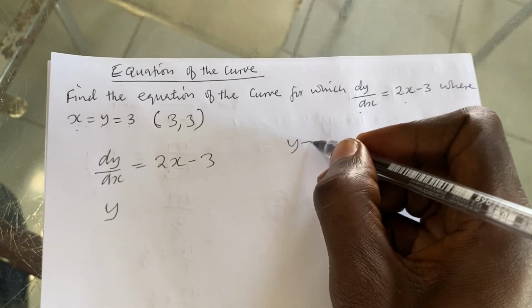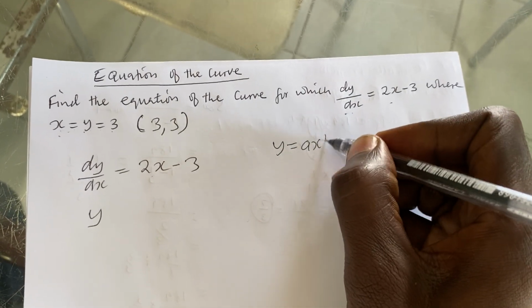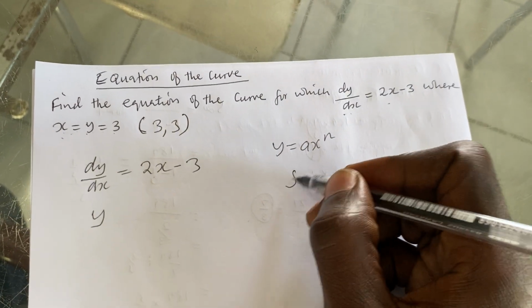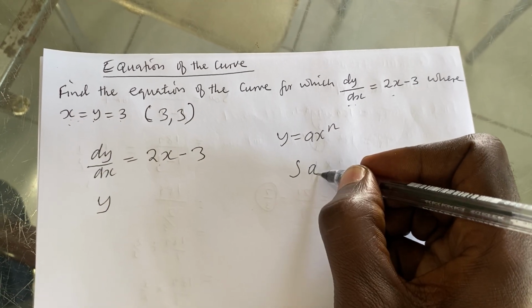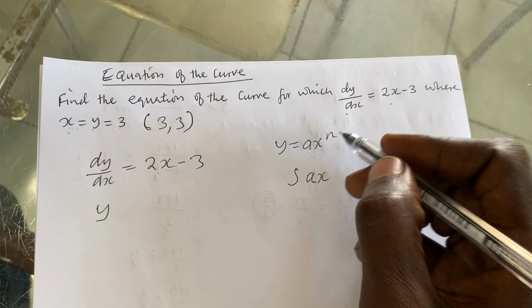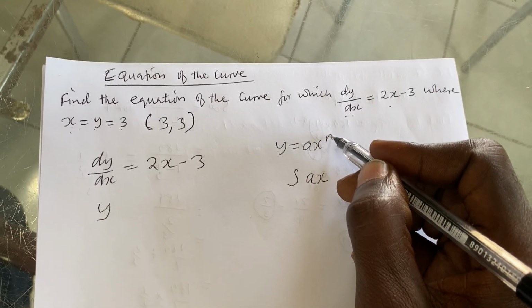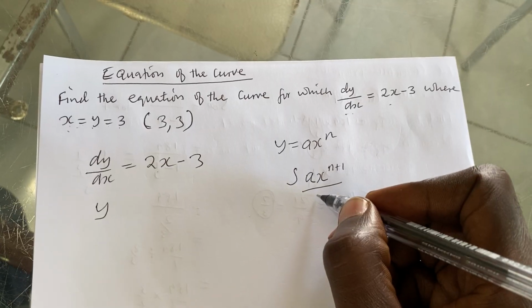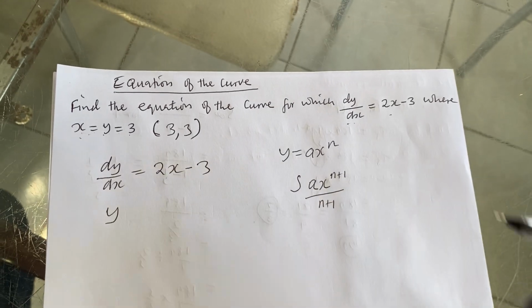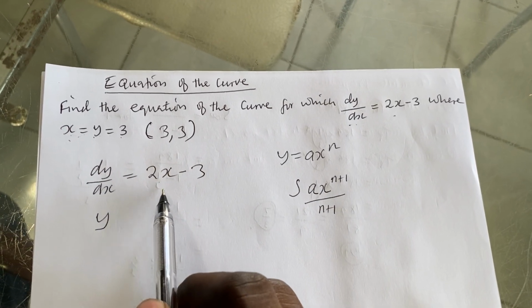If you have y is equal to ax to the power n, then the integral of this function will be ax, where to the power you add 1, so it will be n plus 1, then you divide everything by n plus 1.